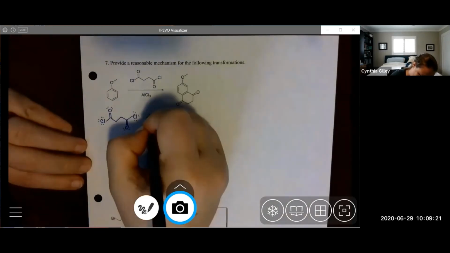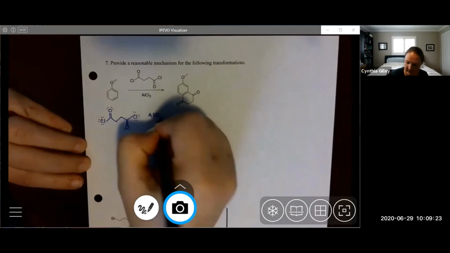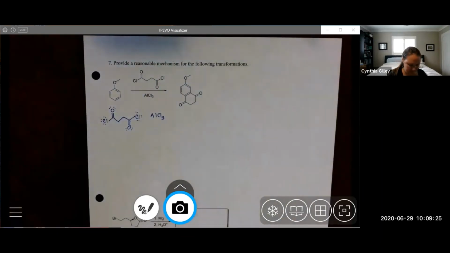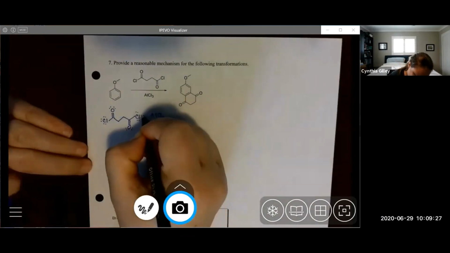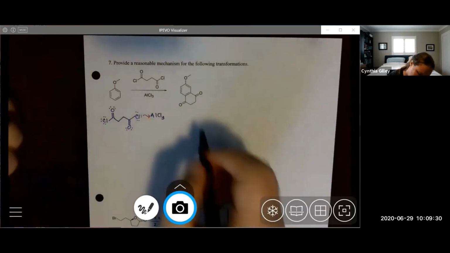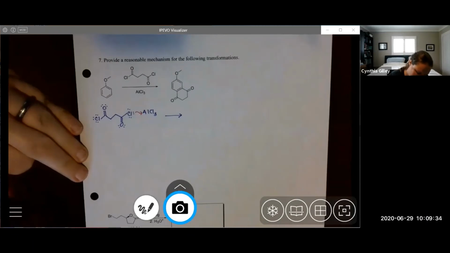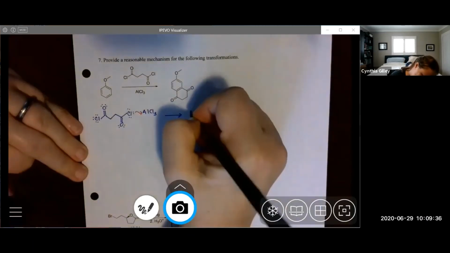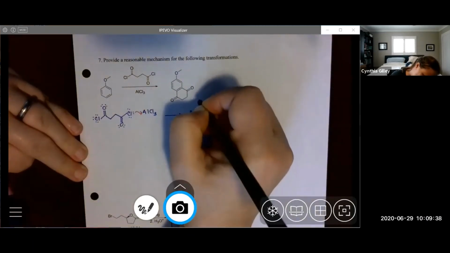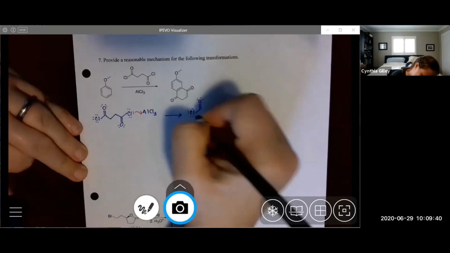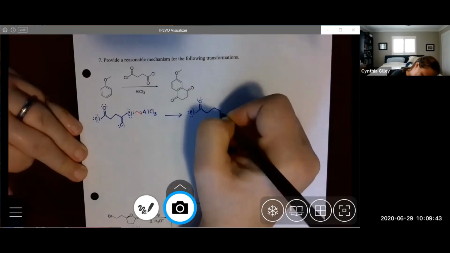So it's going to react with the Lewis acid to form a complex. This is just like any other Friedel-Crafts acylation mechanism that you might have done. Don't get overwhelmed by the fact that there's two acyl halides. That's okay. We'll deal with them one at a time.